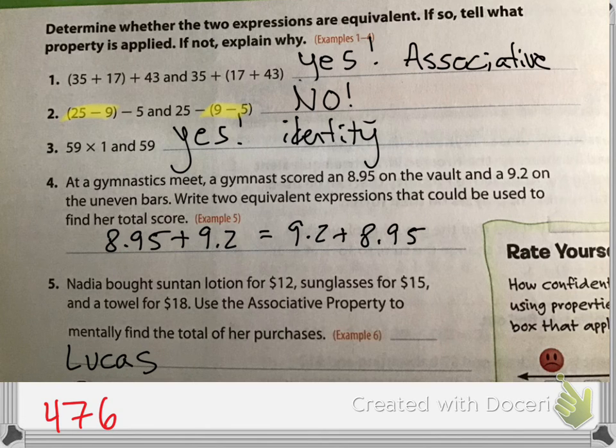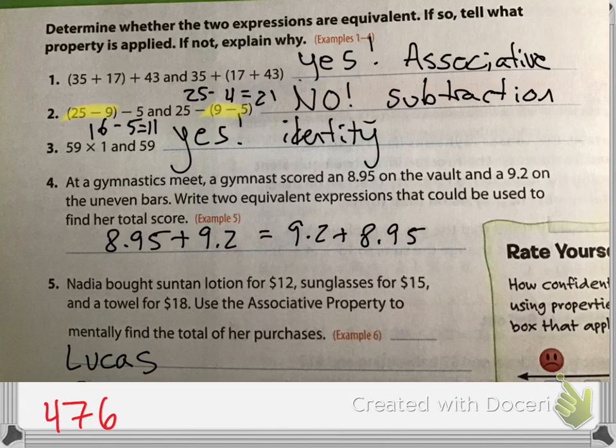So you would do 25 minus 9 first, then you would do 9 minus 5. Yeah, so one of them we would get 11, and the other one we would get 21. So the reason is, it's subtraction. It's not addition.